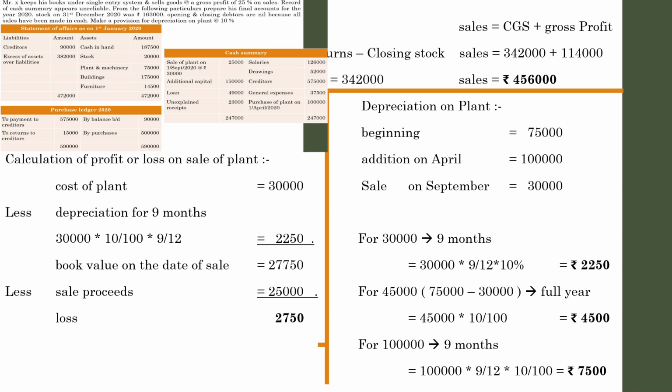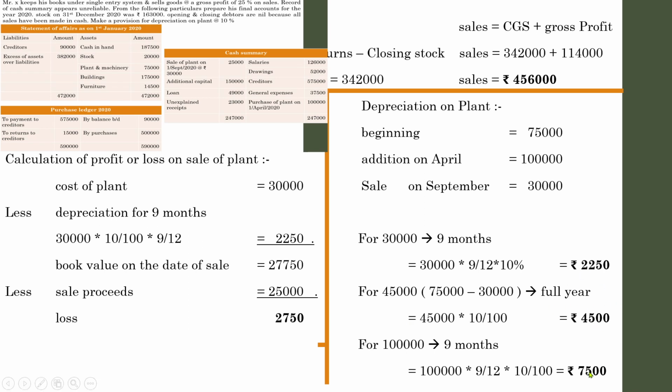See, this is how you have to deal with multiple transactions with regard to any fixed asset, comprising the sale as well as providing depreciation for the additions during the year. So what is the total amount of depreciation charged during the year? It's very easy.